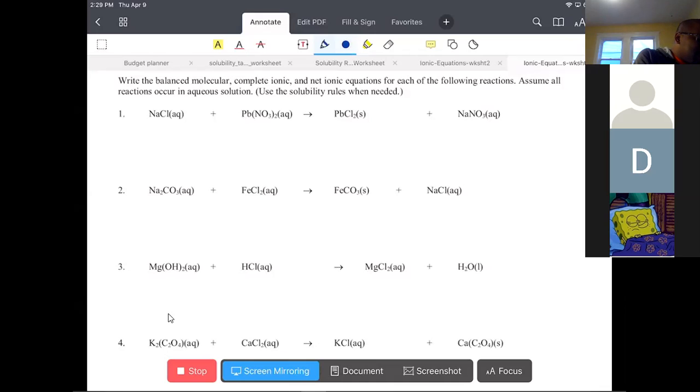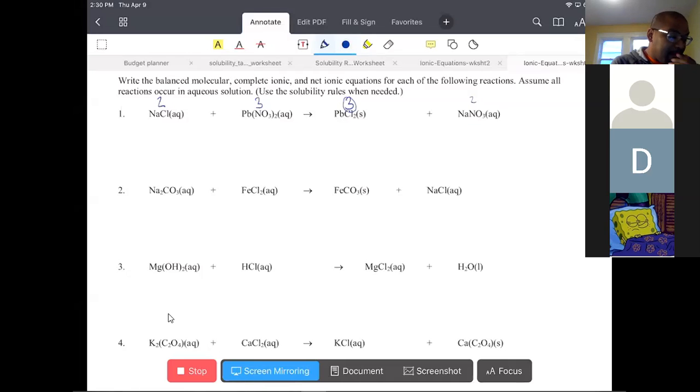Remember that the NaCl has 2 atoms. The lead nitrate, remember that we're going to keep those polyatomic ions together, so this one has 3. This one also has 3. And this one has just 2. So we're going to start in the middle. It doesn't matter which one we start with, so I'm going to start with the third one.